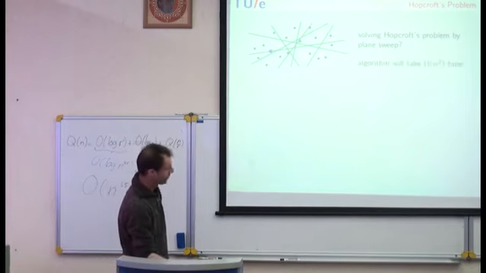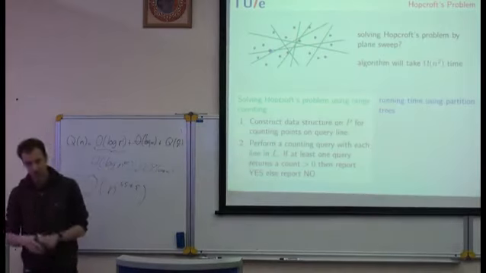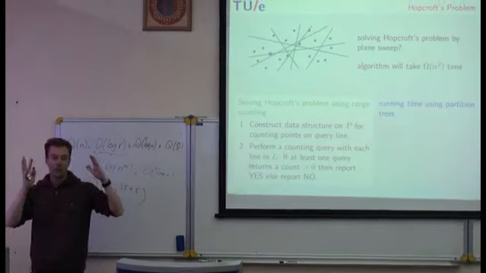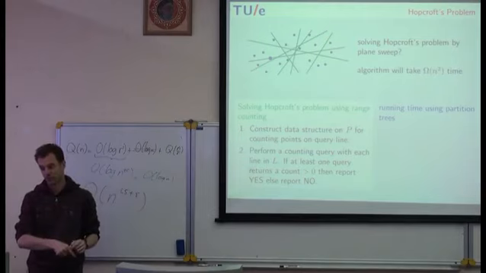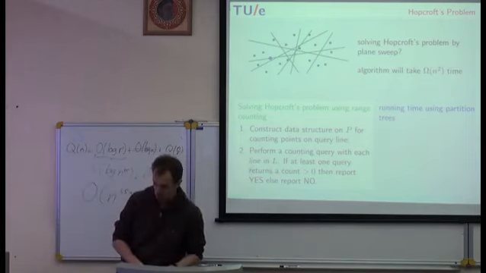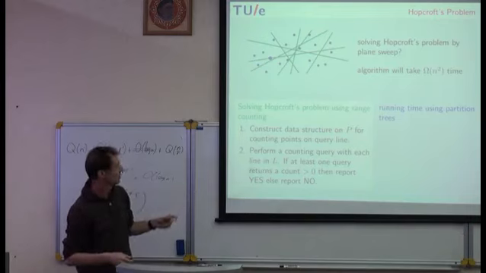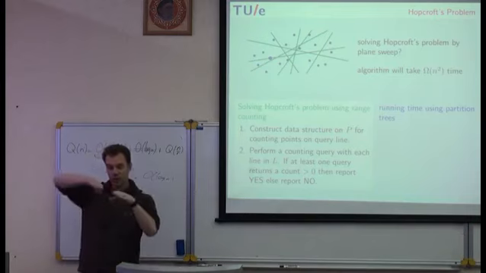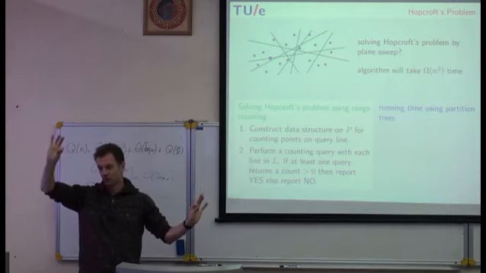Well, so this is n squared. How you can do it is you take your point set and compute a partition tree for the point set. Then with a partition tree, or maybe a multi-level partition tree, but actually here that's not needed, given a triangle, for instance, I can count how many points are inside a triangle.